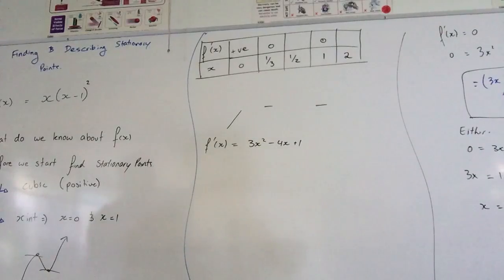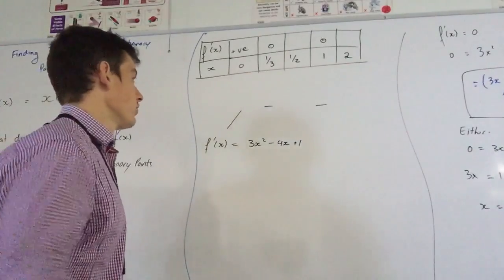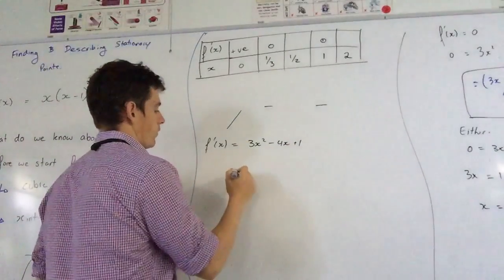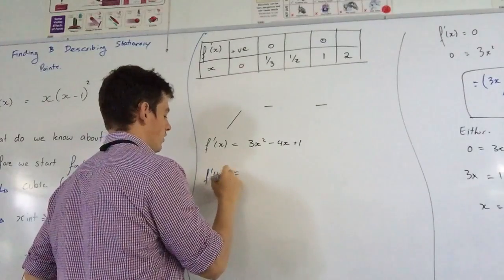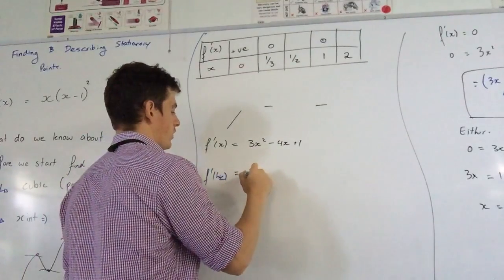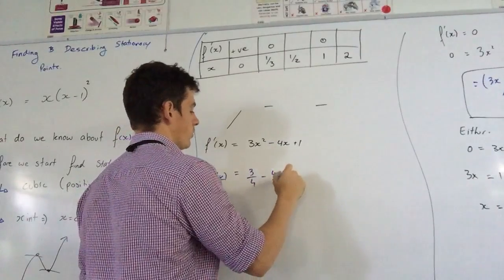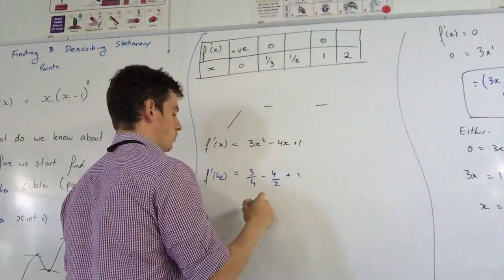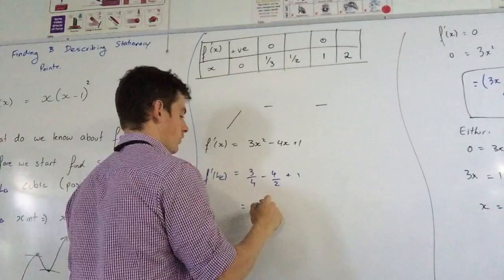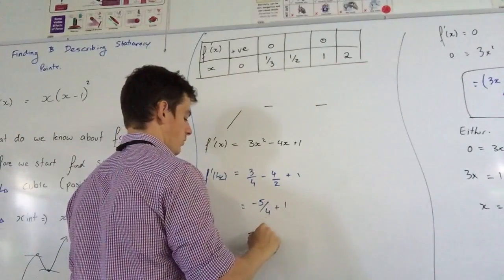So if I've got a half, I haven't got a calculator, so I'm going to try and do this without one. I've got f dash of a half equals 3 over 4 minus 4 over 2 plus 1, which equals negative 5 over 4 plus 1, which equals negative 1 over 4.